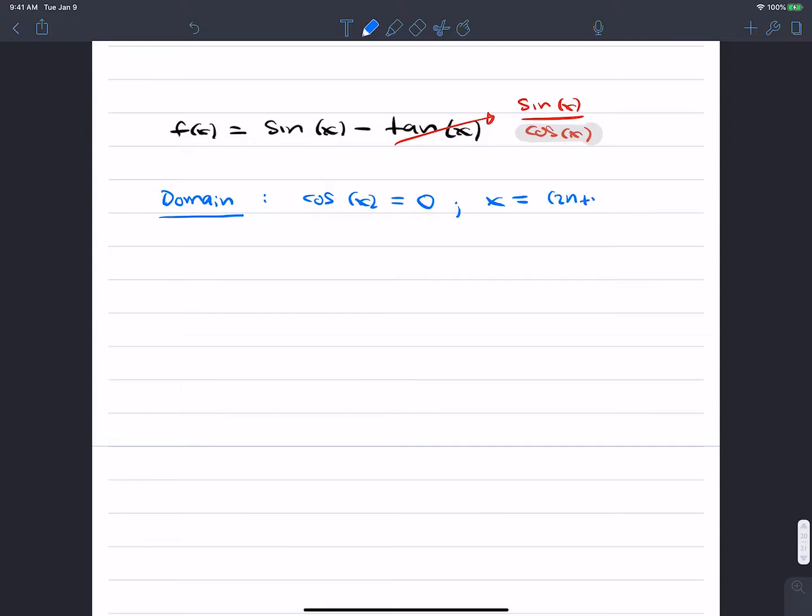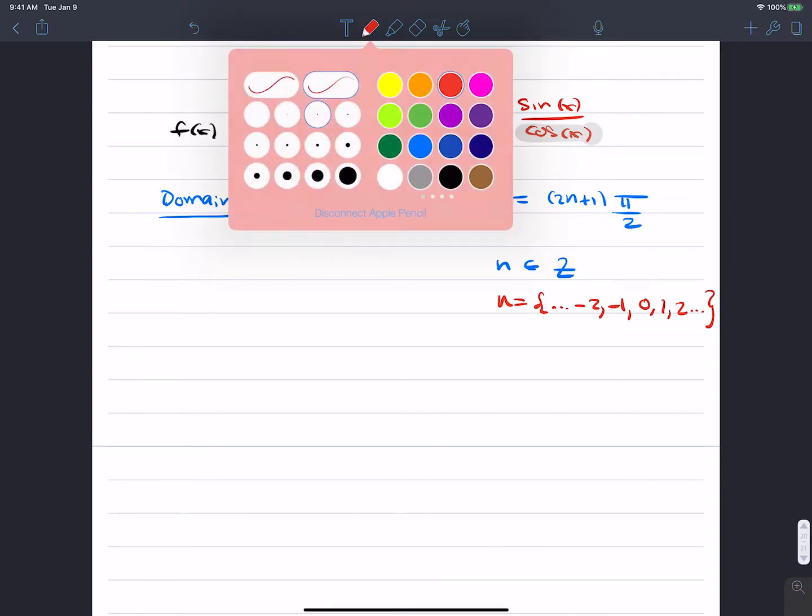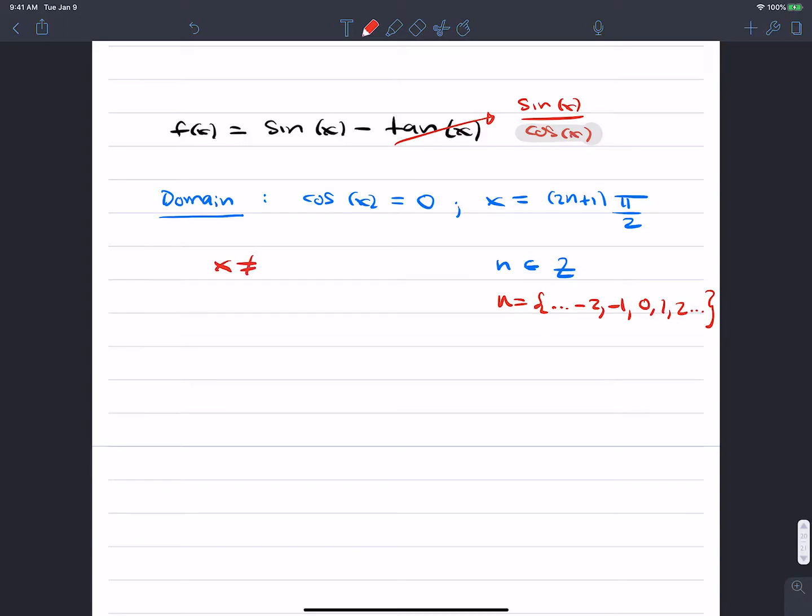So we say (2n plus 1) pi over 2, where n is an integer. Okay? N being an integer means that n could be any one of these values: negative 2, negative 1, 0, 1, 2, forever. So I want to just start off very simply to say to you guys that x could not be plus or minus pi over 2, plus or minus 3 pi over 2, and so on. Okay?